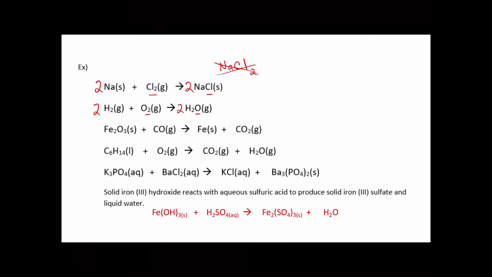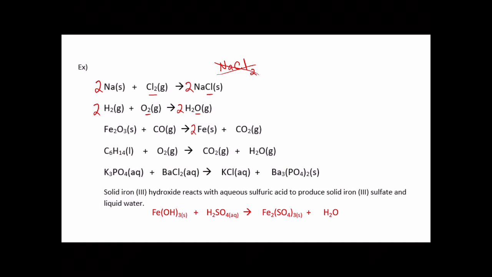Fe2O3 plus CO yields Fe plus CO2. So this one's a little tougher, but let's try and see if we can get it figured out here. If we've got, let's say, iron, right now we have 2 on the left, and we have 1 on the right. So maybe I put a 2 out in front of Fe on the right. That balances iron.